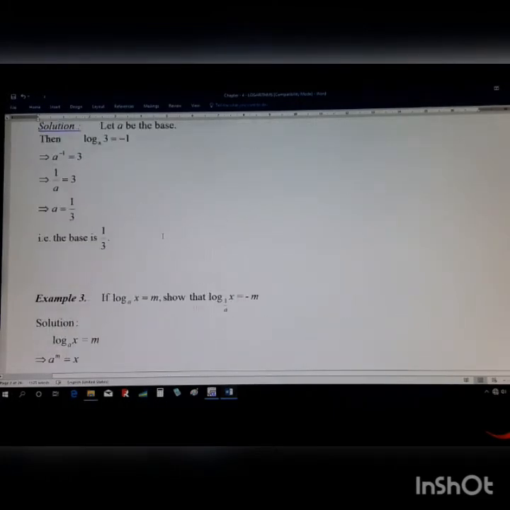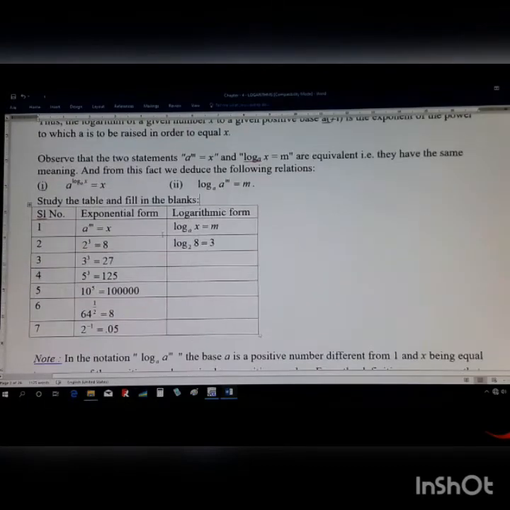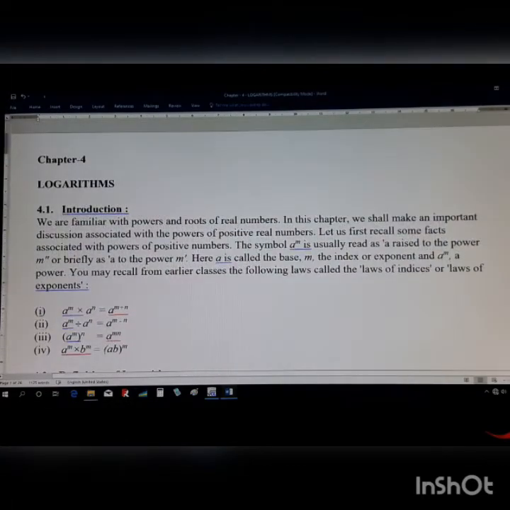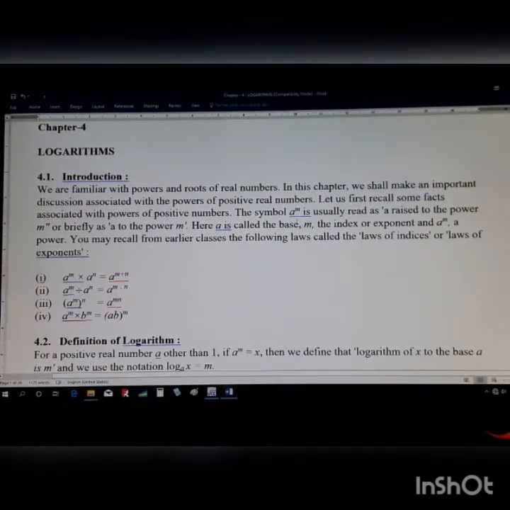Now let's go to the introduction part. Now this is a symbol that we know. A to the power m is usually read as a raised to the power m, or briefly a to the power m. Here a is called the base. Now this a is the base and this power is the exponent or the power.